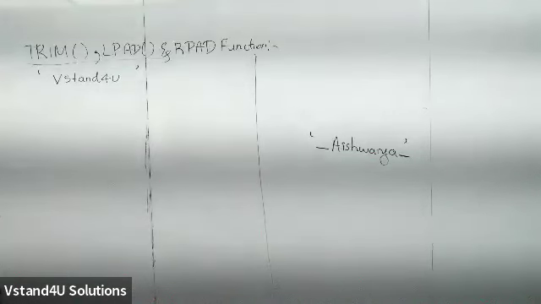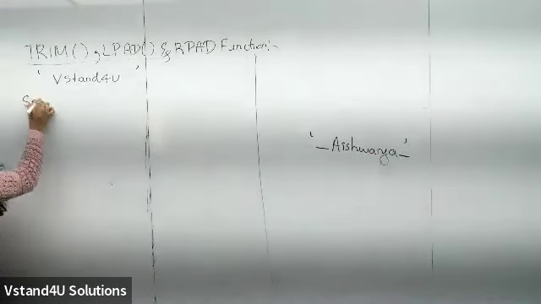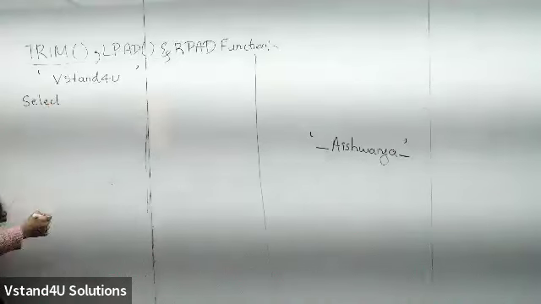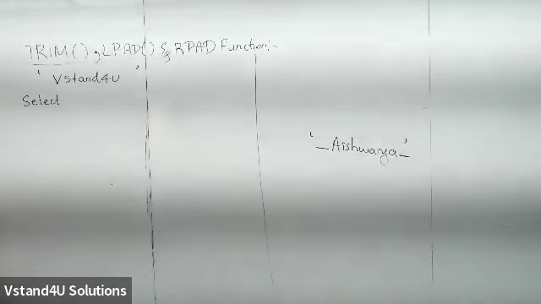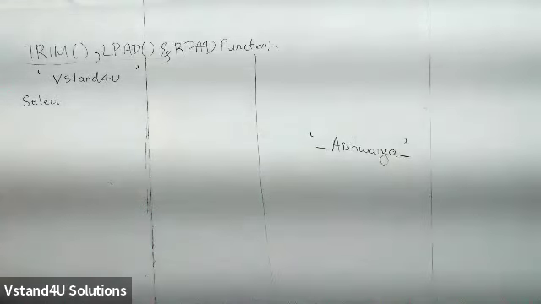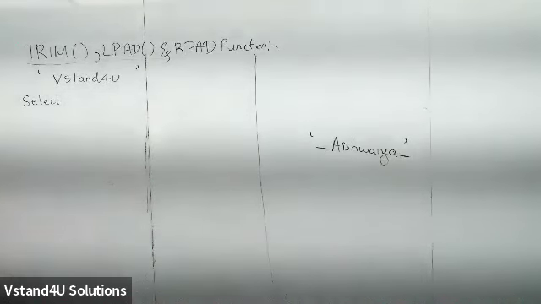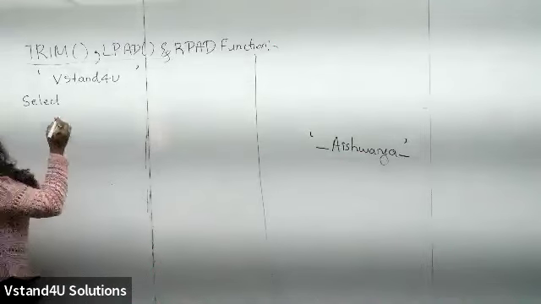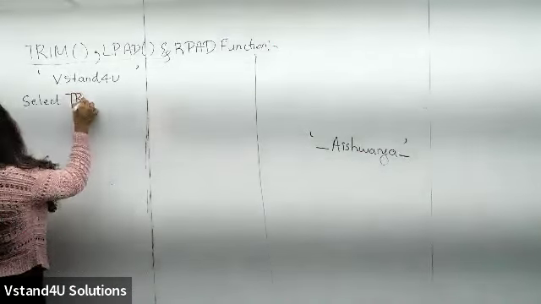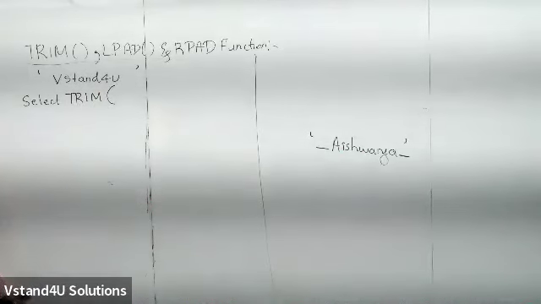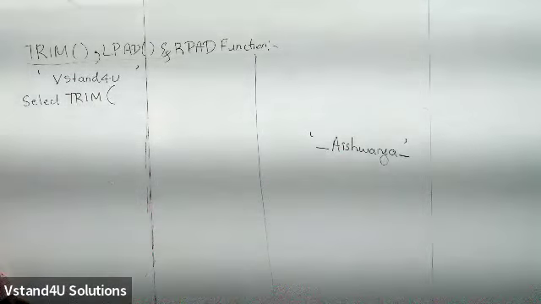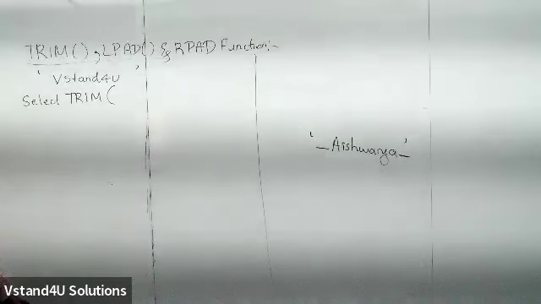Now, obviously, you have to select it first. Yes or no? Now, they are telling you to remove the leading space. Leading space is before the string or after the string? Before the string. Yes? Okay? So now, I have to use a function called trim function. When I'm using trim function, it knows that yes, I have to remove the space.